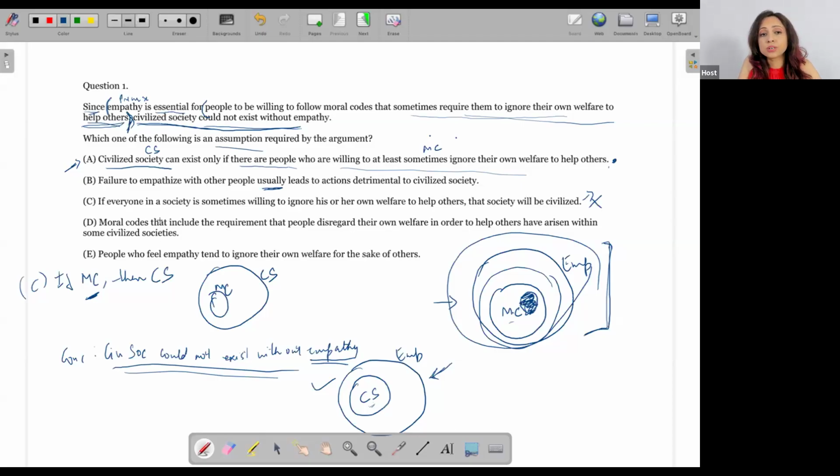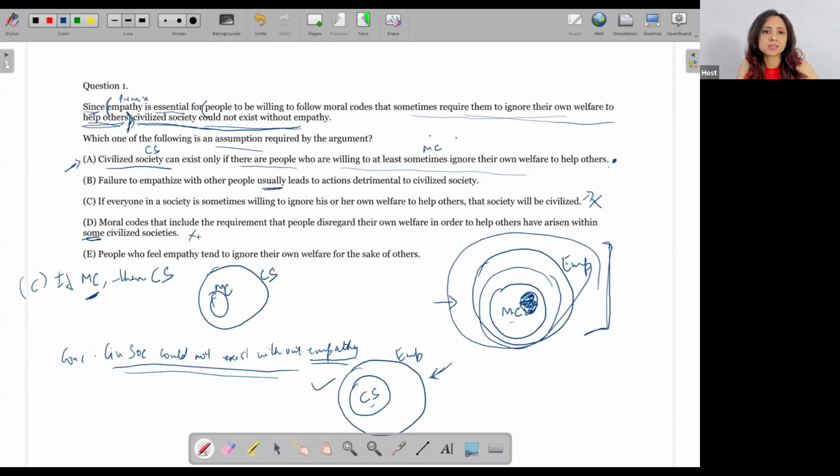Okay. D, moral codes that include the requirement that people disregard their own welfare in order to help others have arisen within some civilized societies. As we said, anything which does not talk about the whole thing cannot work, because we are saying that this is necessary. So essentially, we're talking about all civilized societies. So something that talks about some civilized societies cannot be our answer.